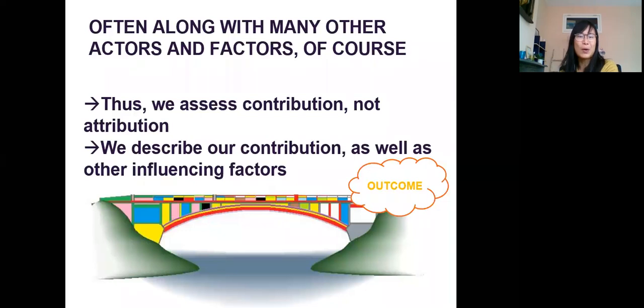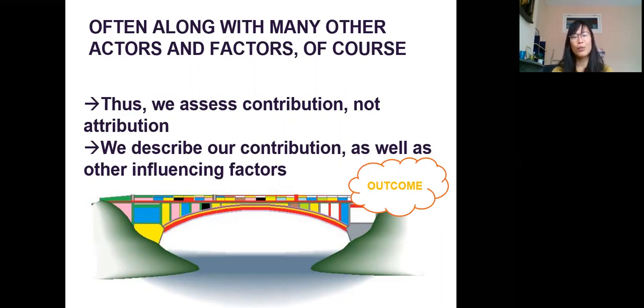So you also don't know, let's say we are influencing a policymaker to make a change, we cannot jump into the mind of the policymaker to understand what was the final deciding factor for the change that he or she decides to make.